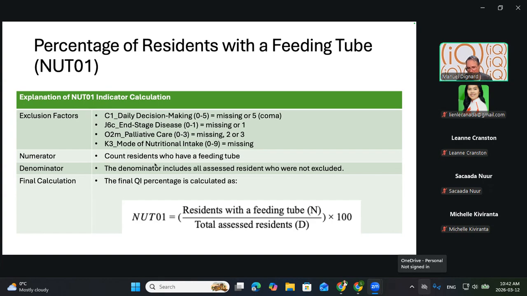Now, you would think this is simple. So just one story here. Dr. Paul and I were consulting with a home, and they were looking at their CHI-High numbers, and they had their feeding tubes at 32%.